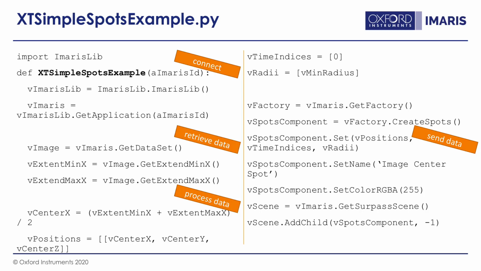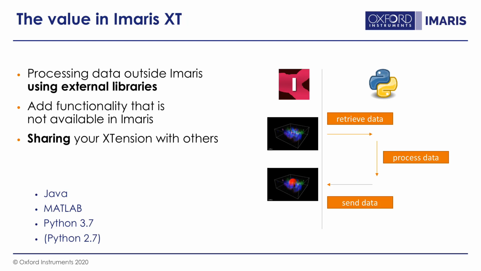And the value of Imaris is now this second step, to process data that is possible in other applications. So you can use Python, you can also use Java or MATLAB to process the data in any way. So this means with Python, where you have lots of libraries, or also with MATLAB or Java, this opens many different possibilities what you can do.